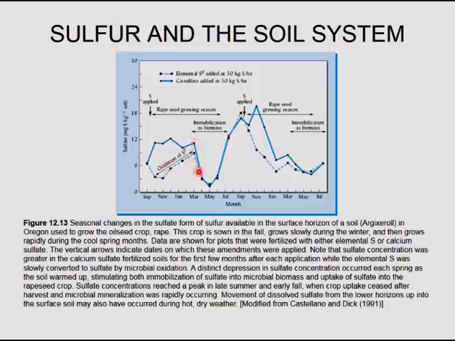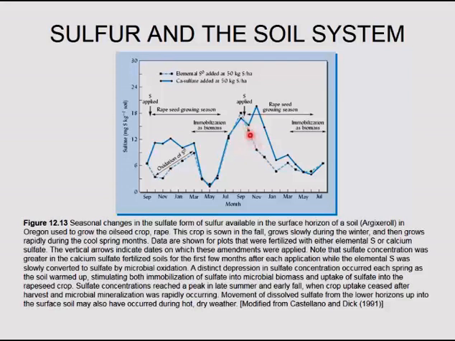Now one thing to point out here, this dashed line is elemental sulfur, okay? Remember, a plant uses only the sulfate form of sulfur, and because this was applied as elemental sulfur, it has to oxidize, and the only way that happens is the same as with nitrogen. It has to be microbially mediated.